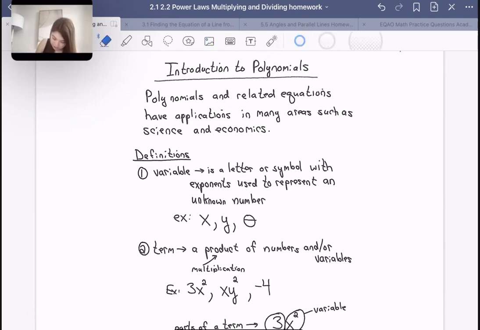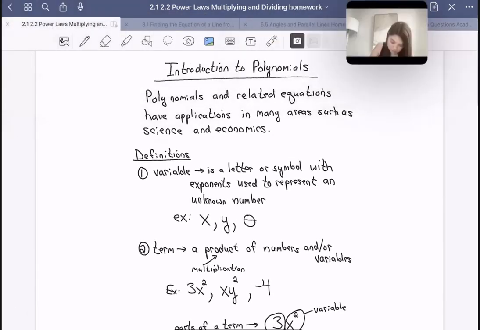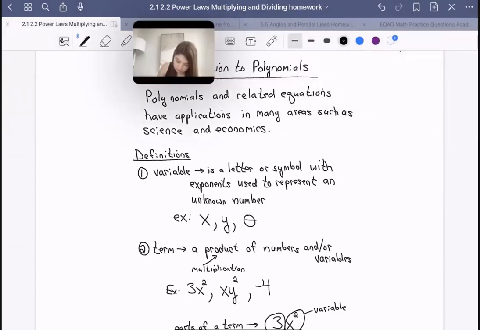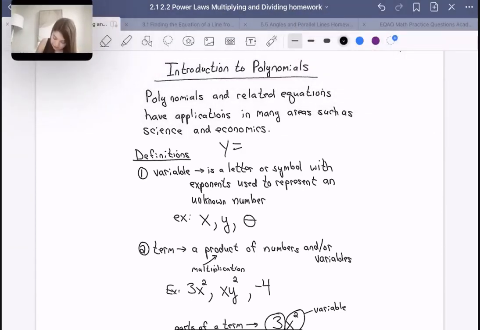y equals ax^n plus bx^(n-1) plus cx^(n-2), etc., all the way till we get to some other variable, it doesn't matter.